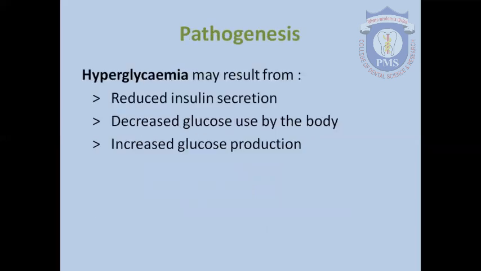Pathogenesis. Hyperglycemia may result from reduced insulin secretion, decreased glucose use by the body, increased glucose production.